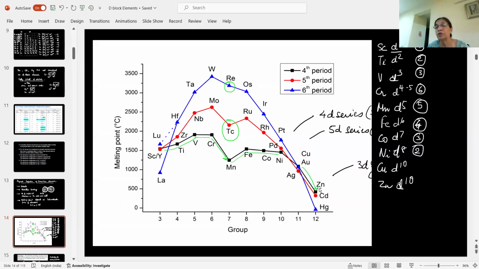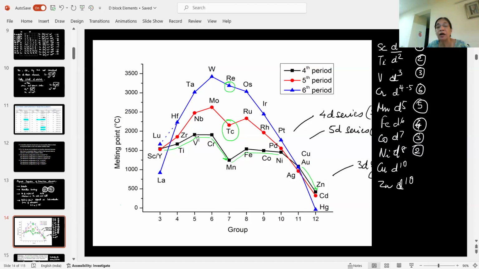So this is the graph which shows the melting point. If you see the number of unpaired electrons, they increase initially. So scandium has one unpaired, titanium has two, and vanadium has three unpaired electrons. So chromium, when you come, it becomes almost stable, almost like vanadium.